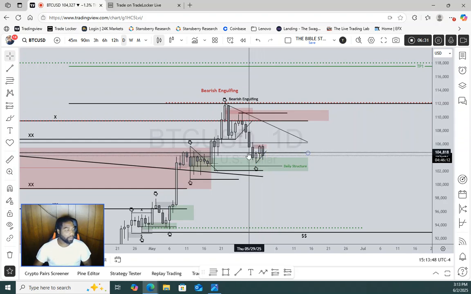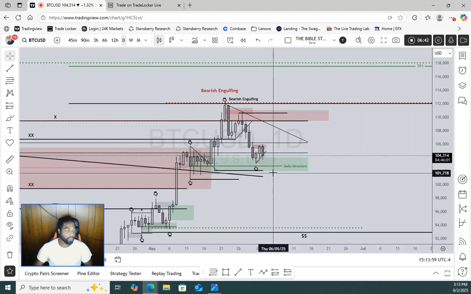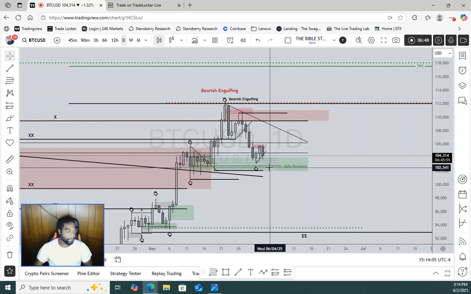Then over the weekend, price closed above the open of this bearish candle, which to me signals that it's not really in an internal retracement anymore, just based on price action.